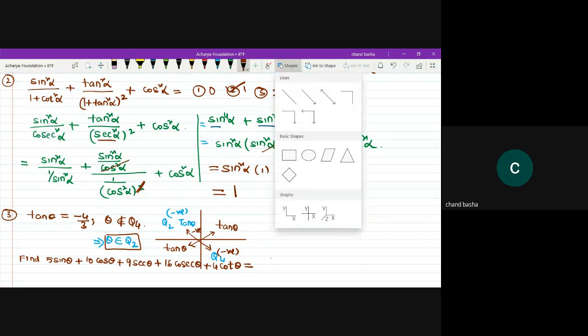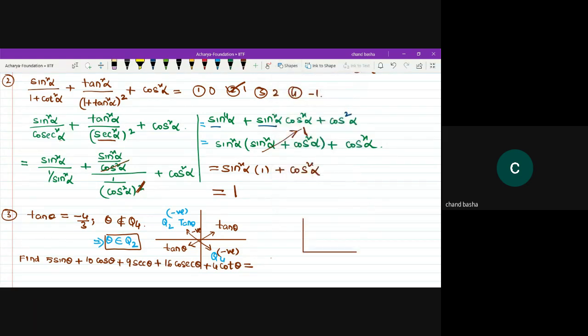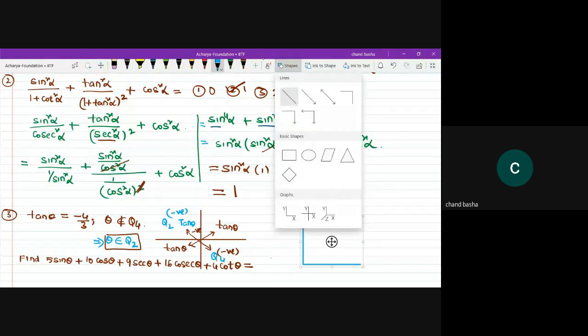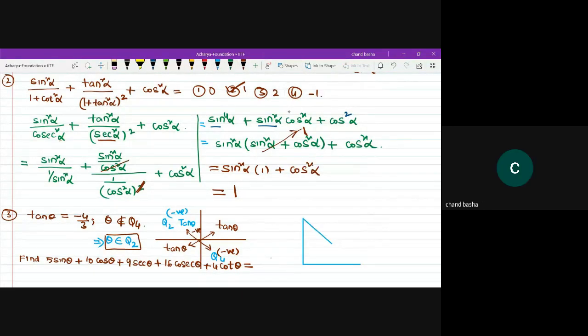That's how to find the rest of the trigonometric ratios by making use of the right angled triangle. I'm taking this as A, B and C, and let the angle be theta.